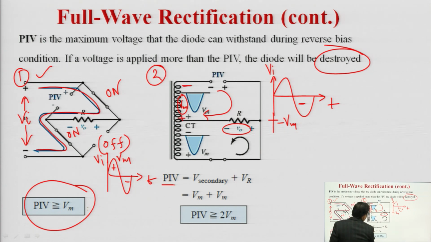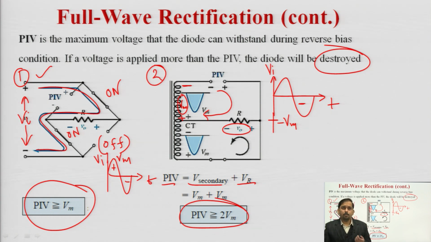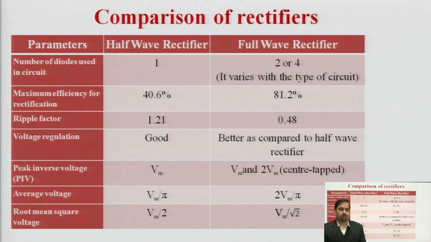So PIV equals Vm plus Vm, so this will be doubled. The PIV rating for the center tap full wave rectifier is double that of the bridge rectifier, which is two times Vm.